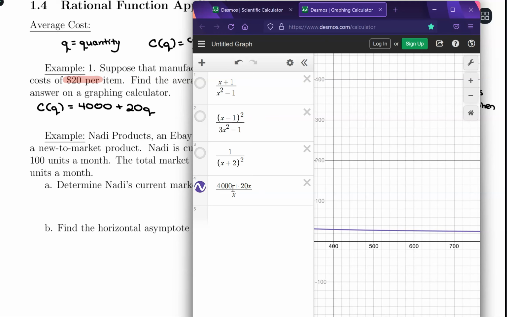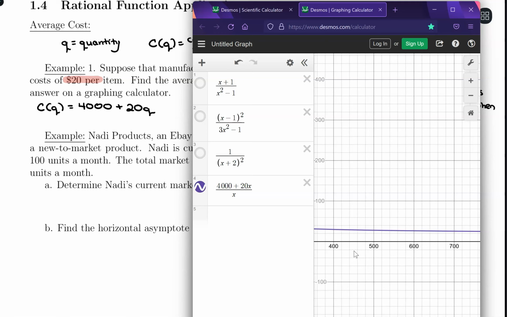So it's kind of like that 4,000 fixed cost. It is important, but it becomes small in terms of the scale when you're producing thousands and millions of items. So that's where the horizontal asymptote comes in here. It's this idea of what happens if our quantity just takes off and everything else stays the same.